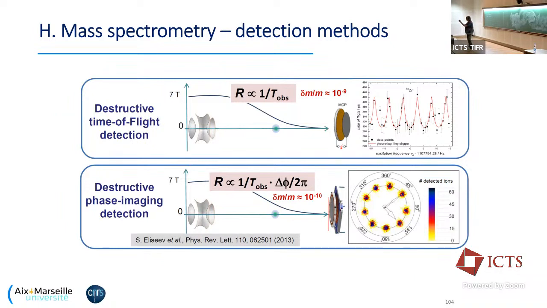This is sometimes a way to calibrate also, in particular using N2 plus and CO plus, because they have the same mass, but one is symmetric and the other is not, so they have different binding energies. This is a way to see how good the resolution of your apparatus is and how well you can separate different species.